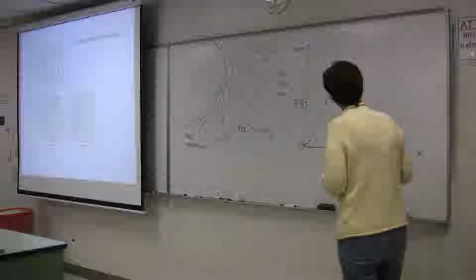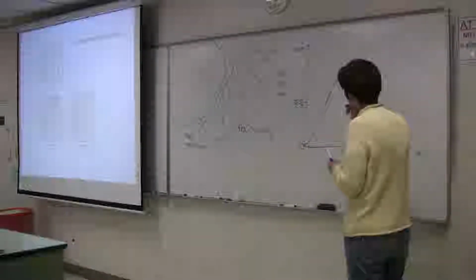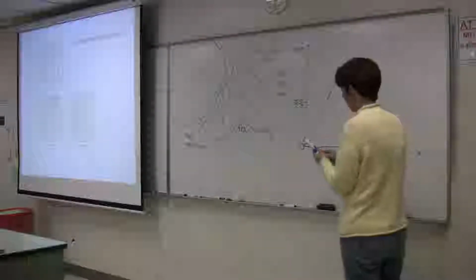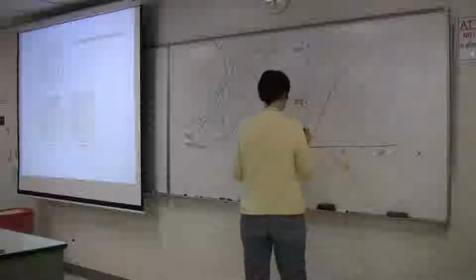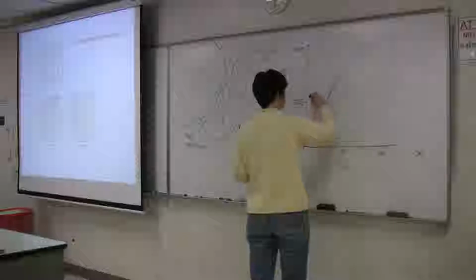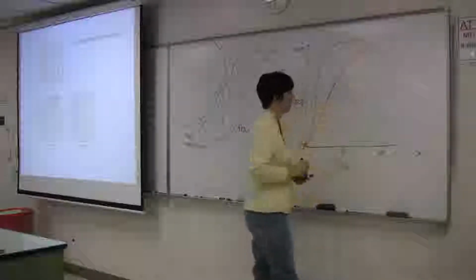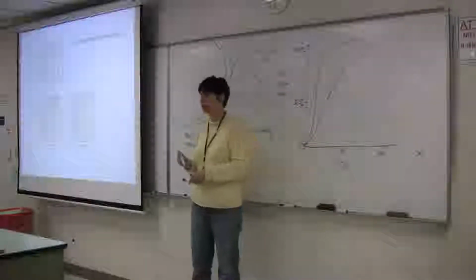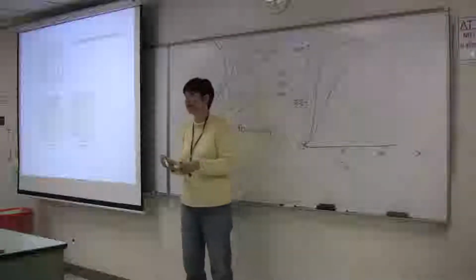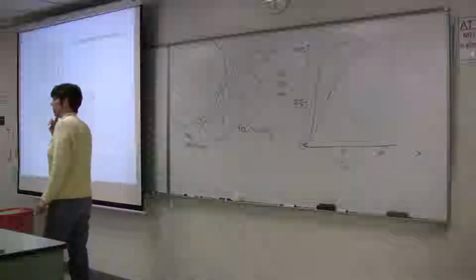Now, what would be wrong if my graph looked like this? It means at a lower PO2, I could get 100% saturation. I could be up at Mount Kilimanjaro or climbing Mount Everest without supplemental oxygen and still be able to saturate my hemoglobin at a PO2 of 40.